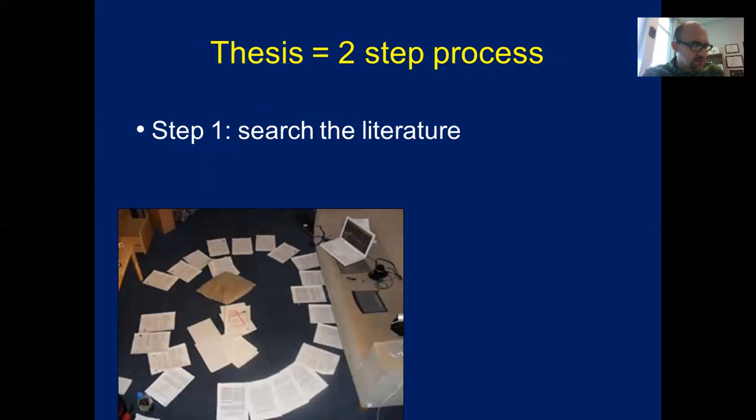Okay, so start off with the thesis process. You are doing research for the purpose of writing and defending a thesis at the end. And so the way I see it is a two-step process. The first step is really going back and looking through the literature, trying to find out all of the data that's been collected before, the research that's been done on the particular topic.